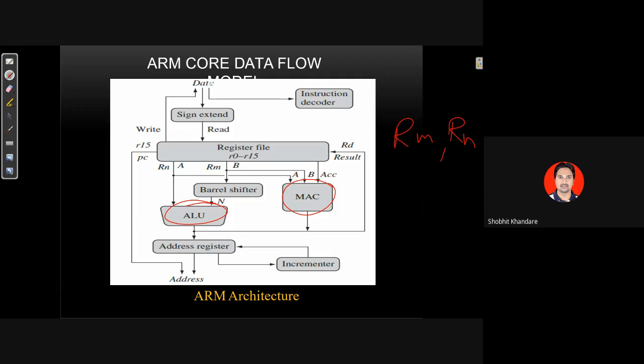Yes. Okay. Now if you take the example of the ALU, आपको पता है कि ALU में arithmetic and logical operations होते हैं. And what is this MAC? MAC stands for multiply accumulate unit.